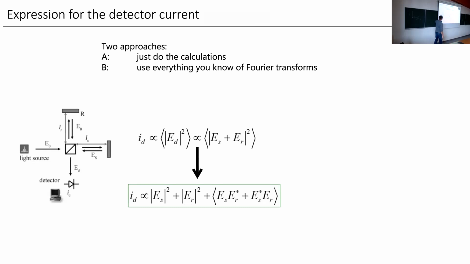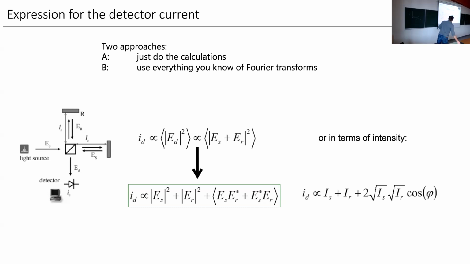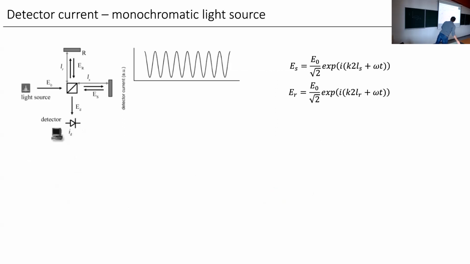This was the original situation where we had a detector current given by the time-averaged squared electric field, with DC terms, and this will eventually be constant in terms of density.